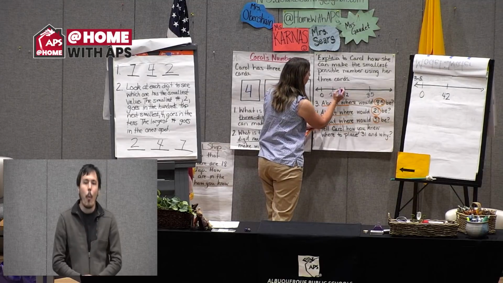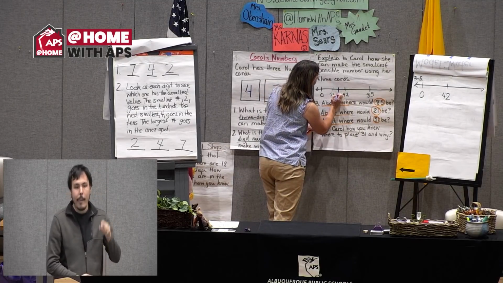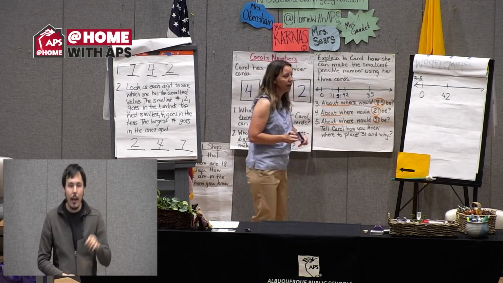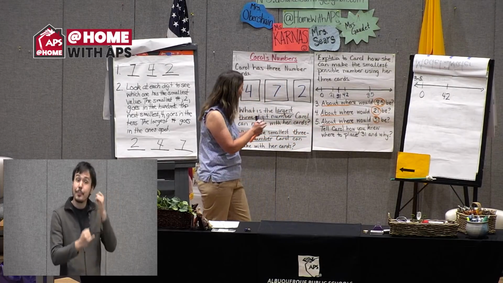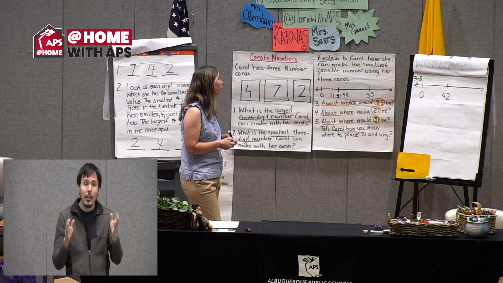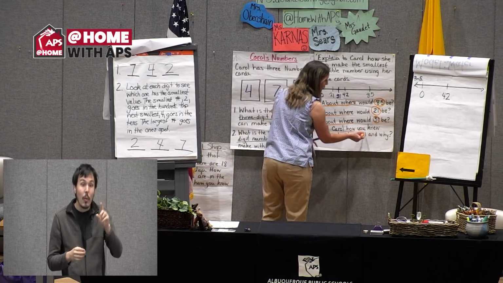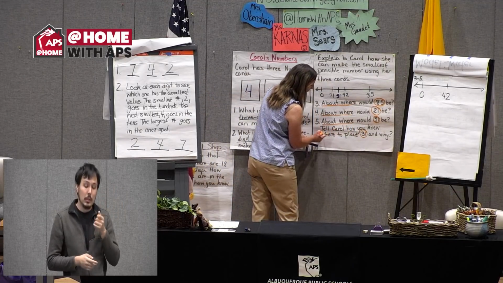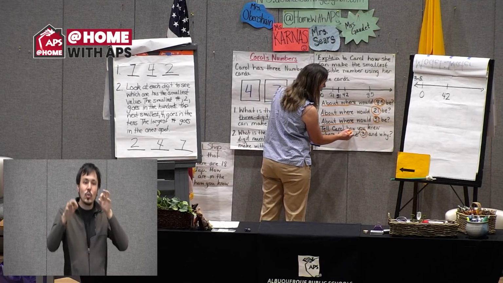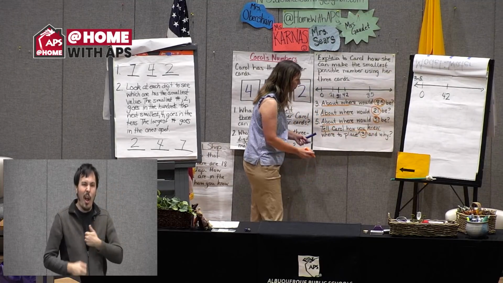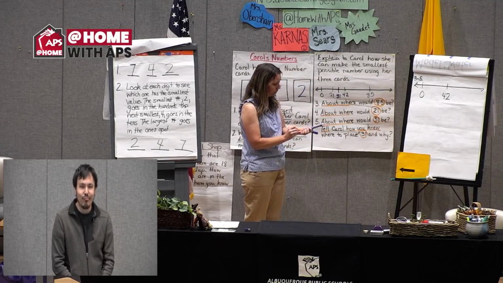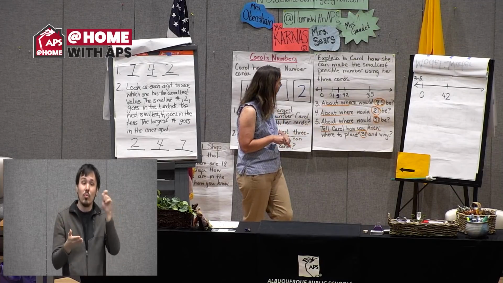Oh, there we go. There's our 31. And then the last thing we have to do is tell Carol how you knew where to place 31. So my quantity was 31. And then I had to tell how I knew it. All right, so let's go ahead and write that up.